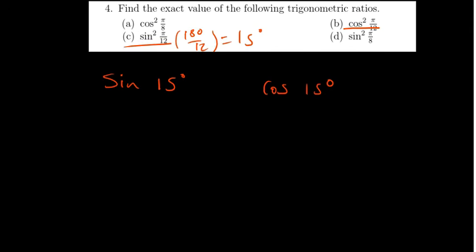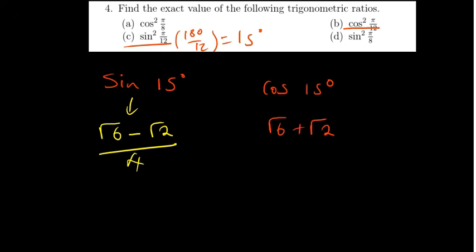Remember that for sine of 15, we found the value to be root of 6 minus root of 2 over 4, and for cosine, root of 6 plus root of 2 over 4.